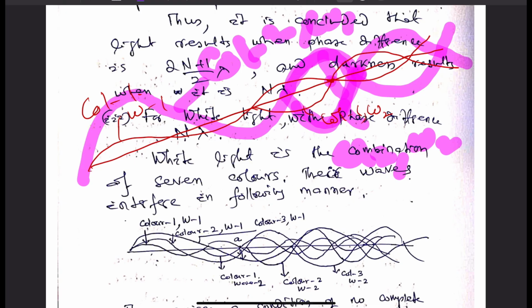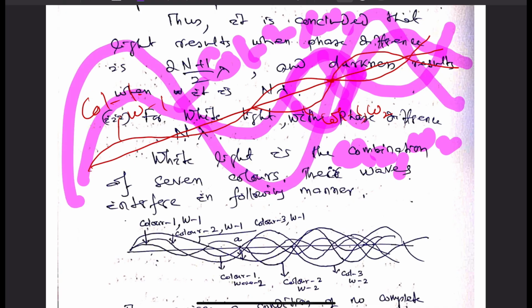Similarly, if we take any other color, that will be like this. So the third color will become extinct here. At that place where the third color is extinct, other colors are present.